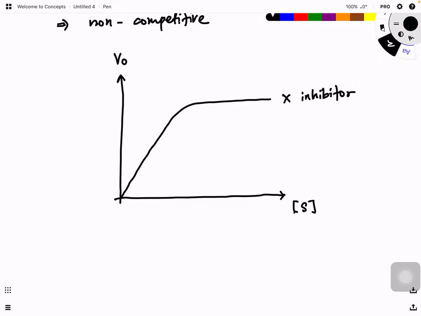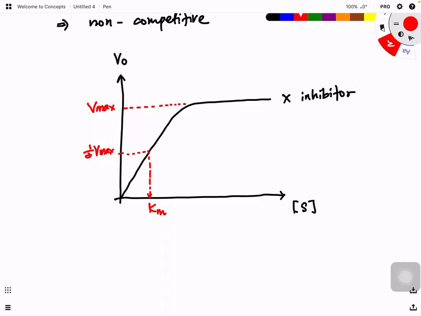If we draw a line from these regions, we have the Vmax, and half of the Vmax gives me the Km value. What is the definition of Km? Km is the substrate concentration that allows the reaction to achieve half Vmax.